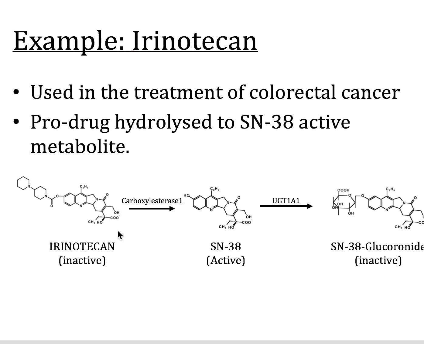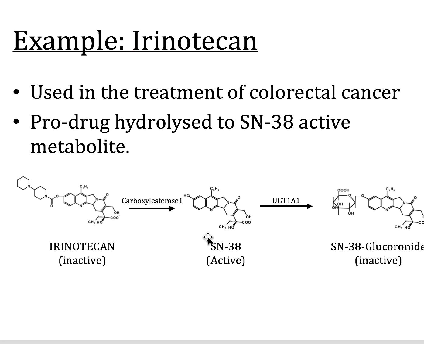If you haven't watched my previous video, please do. Irinotecan is a colorectal cancer anti-inflammatory drug. In phase 1, it is first hydrolyzed to the active form SN38 by carboxylesterase 1 and H2O. This usually takes place in the cytosol of the cell.